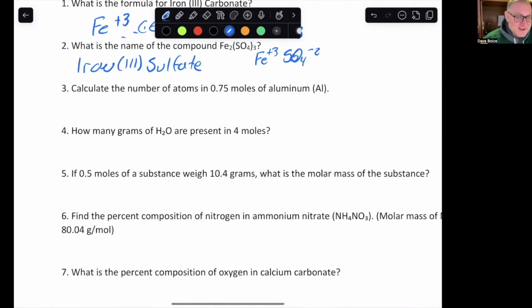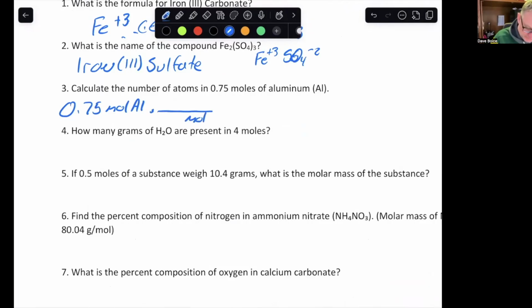Okay, the number of atoms in 0.75 moles of aluminum. So we are wanting the atoms and we have moles. So this looks like a one step. That's nice. So 0.75, start with what we know, moles of aluminum. And the first thing I'm going to do before I even think about what to do next is to move my unit down. That's where it belongs. Moles of aluminum.